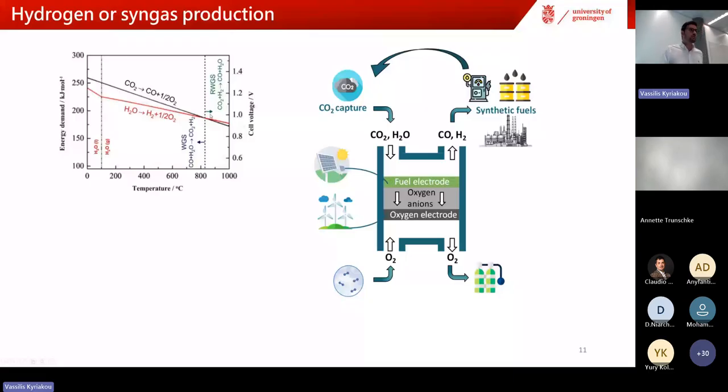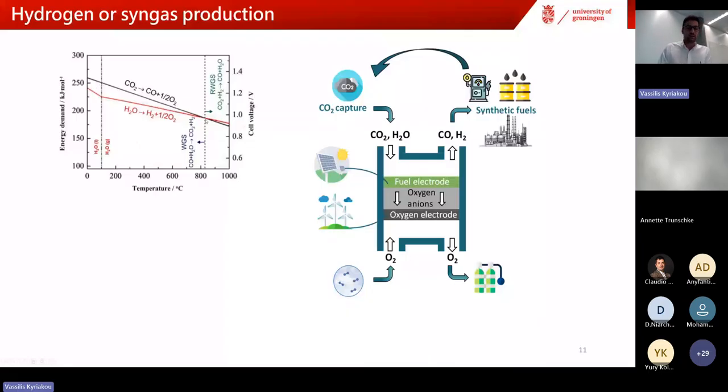If you look at the thermodynamics here, you see that the free energy demands for converting CO2 into CO and water into hydrogen decrease as you increase the temperature. That means at the same time the corresponding reversible potential, practically the minimum voltage of electricity that you need to provide, also decreases significantly from room temperature to 700 to 800 degrees, where solid oxides practically operate.